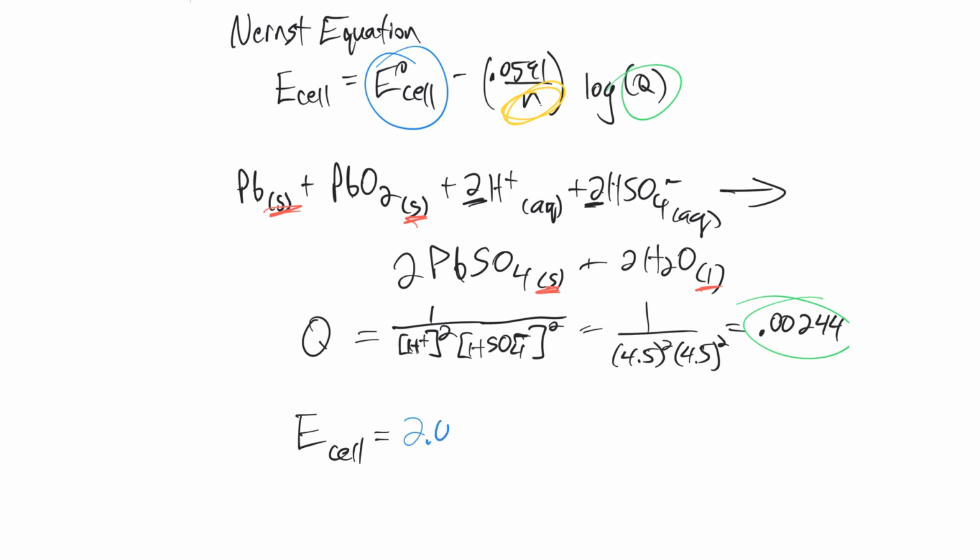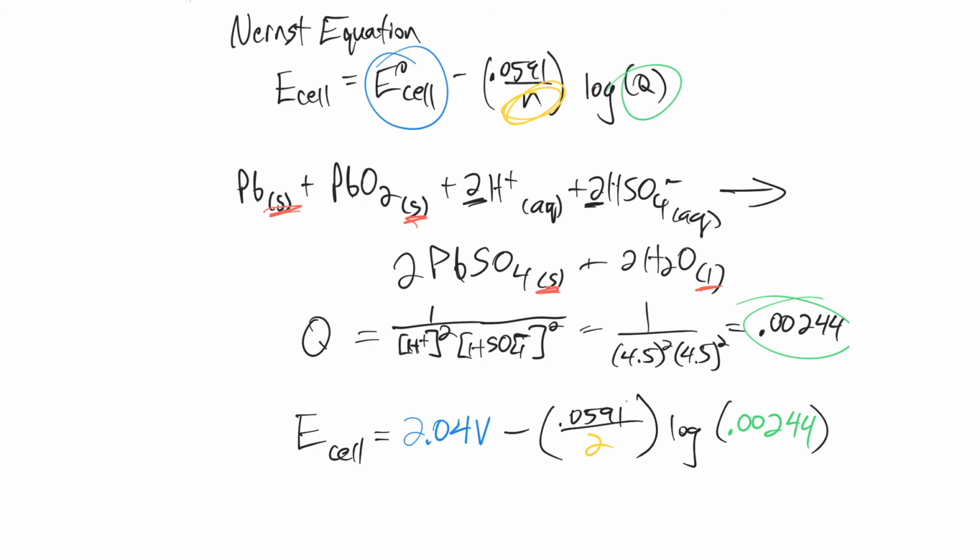They gave us 2.04 volts. We had determined that the number of electrons transferred was 2. And when we talk about log here, it's log base 10, not natural log. And we're going to take the log of 0.00244.